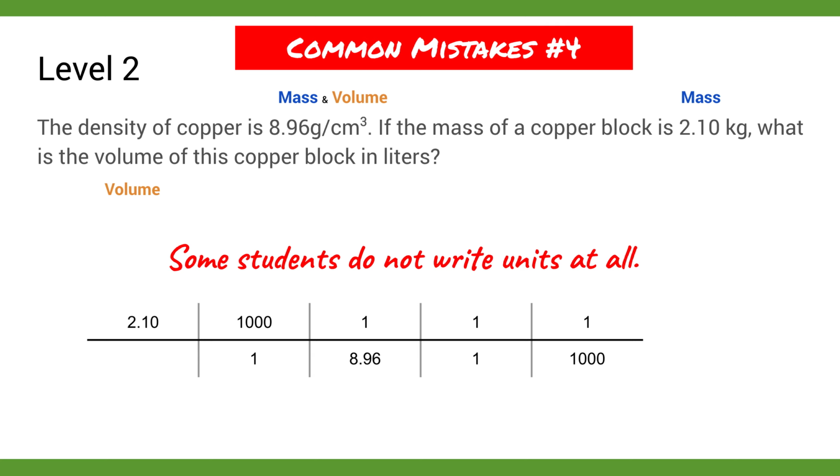If I were you, I would be lazy, but I would not be lazy right here, because what's the point of being lazy if we get it wrong, right? We want to be efficient, and efficient is to be lazy and to get it right. So please do yourself a favor and put units in your calculation so that you can check your own math.